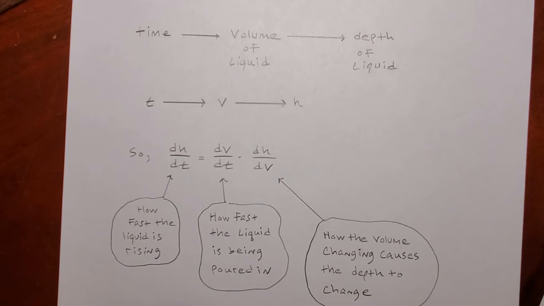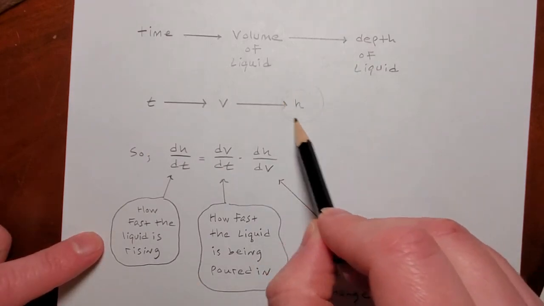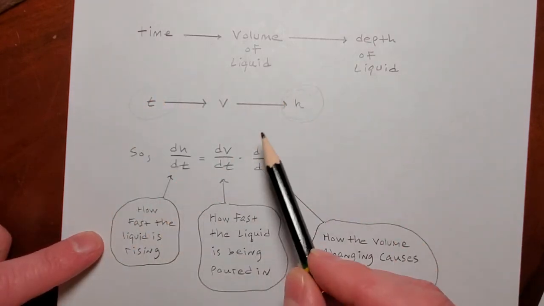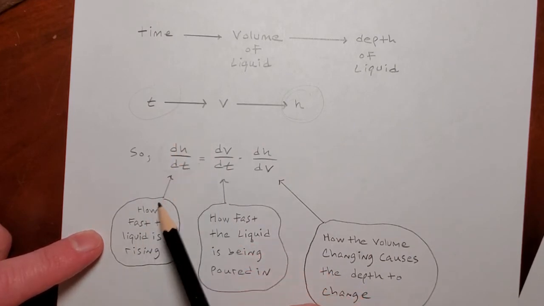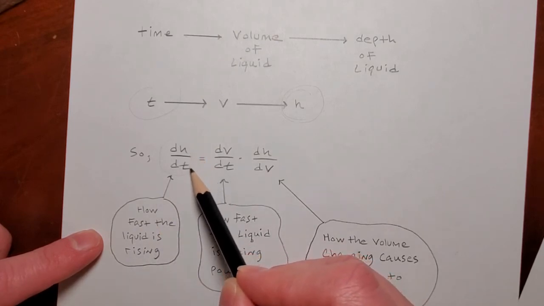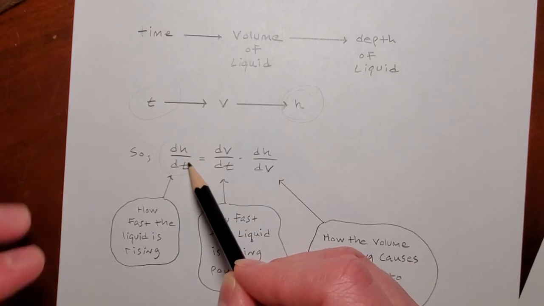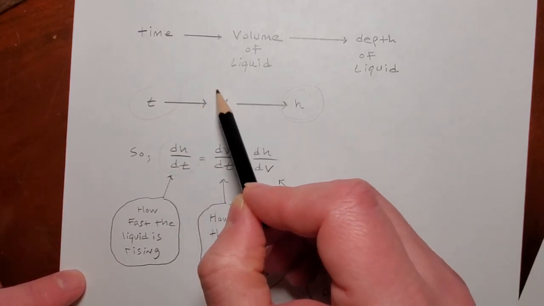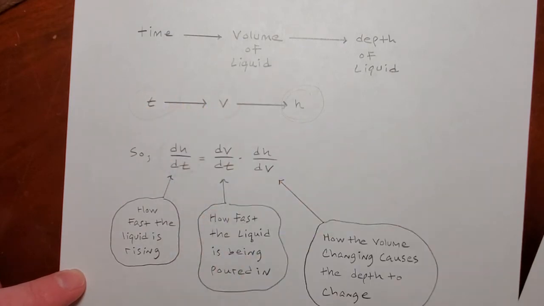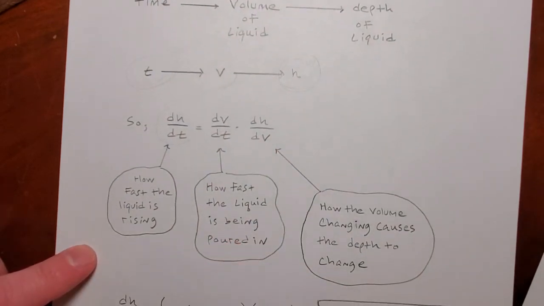I could tell you with the chain rule, the rate of change of h with respect to t, dh over dt. What would you call that? That's how fast the liquid is rising, the change in the depth over the change in time. That's equal to the change in volume with respect to time, dV over dt. That was given.